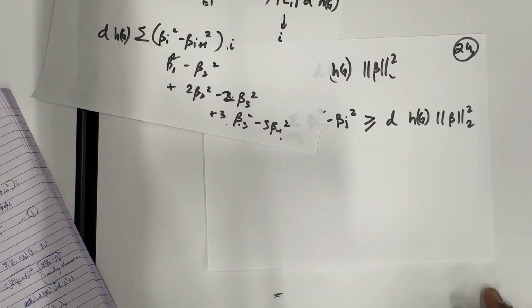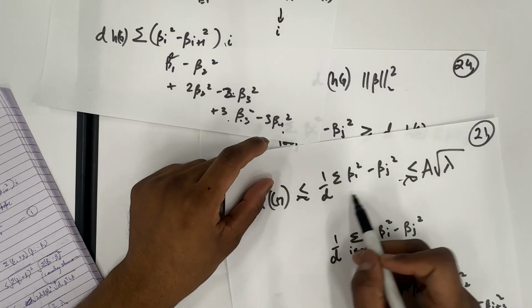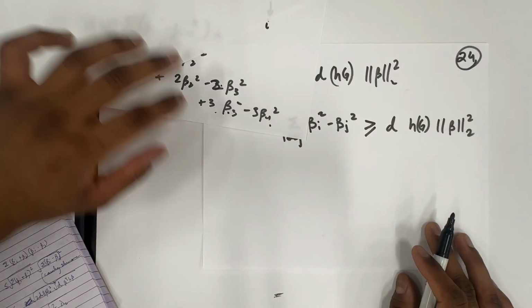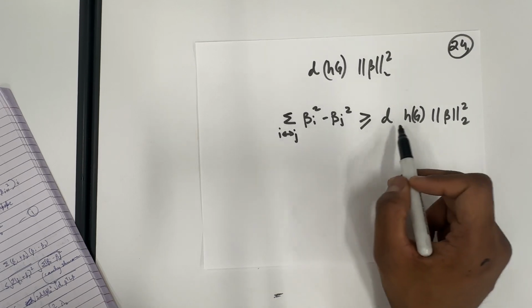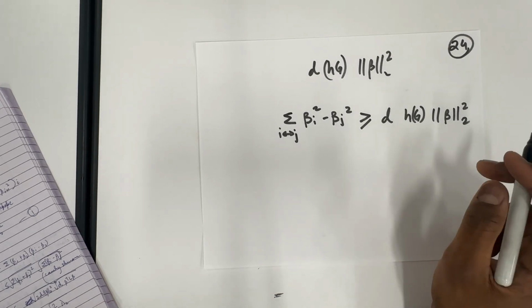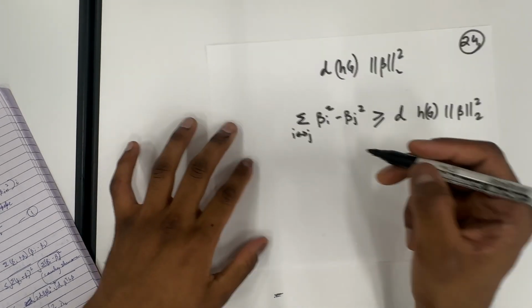We wanted to start from this particular intermediate quantity, and it just works from here. So beta i minus beta j squared is always greater than or equal to this. We proved it first.